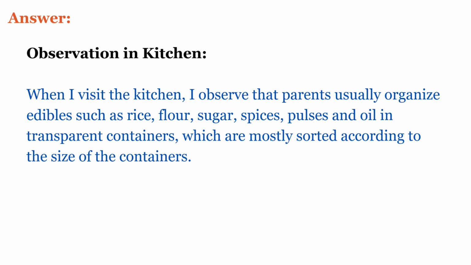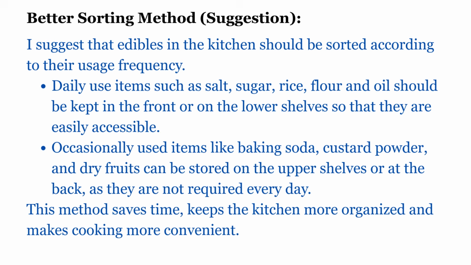When I visit the kitchen, I observe that parents usually organize edibles such as rice, flour, sugar, spices, pulses, and oil in transparent containers, which are mostly sorted according to the size of the containers. Better sorting method. I suggest that edibles in the kitchen should be sorted according to their usage frequency.